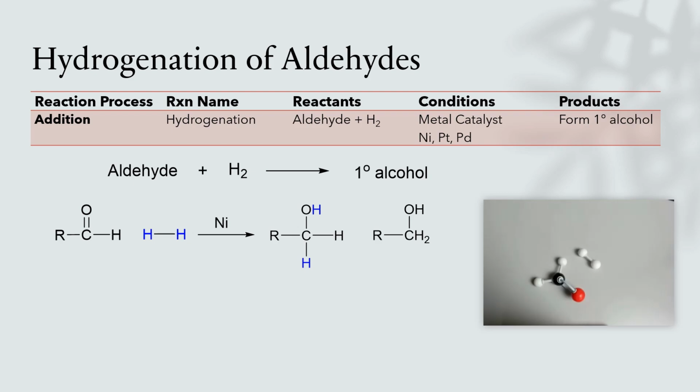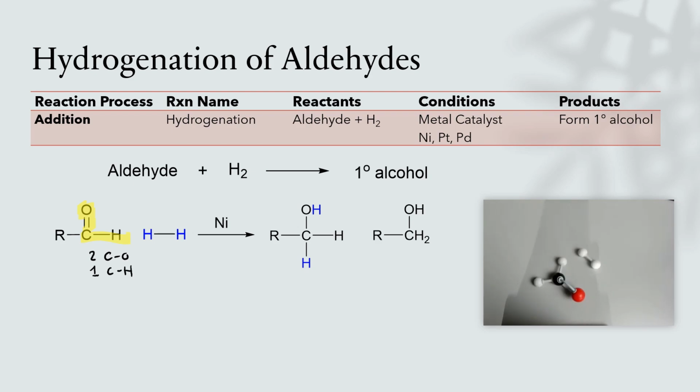to it. Like we had done with the oxidation of our alcohols, where we tracked our carbon-oxygen bonds and carbon-hydrogen bonds, we can do the same thing here as well. So in our aldehyde, we have 2 carbon-oxygen bonds and 1 carbon-hydrogen bond. Because this is a hydrogenation process, we're adding hydrogen.